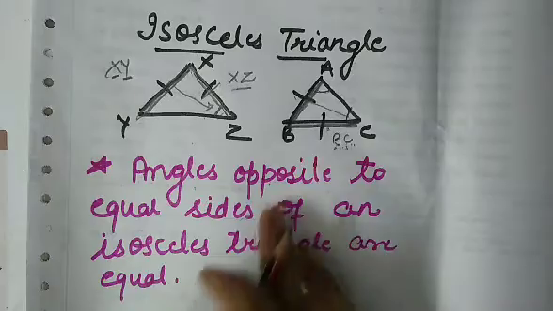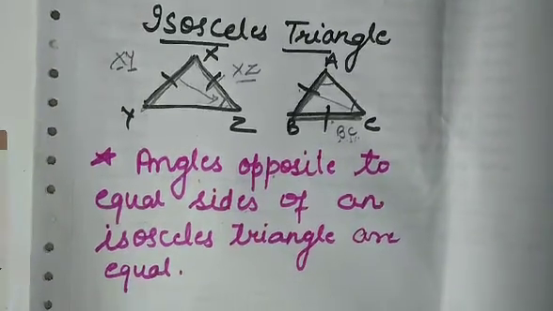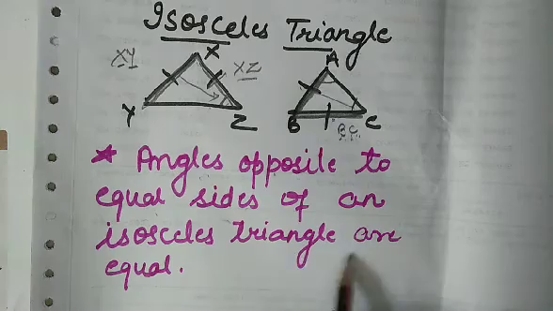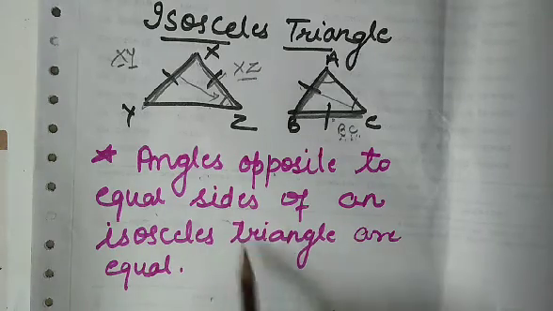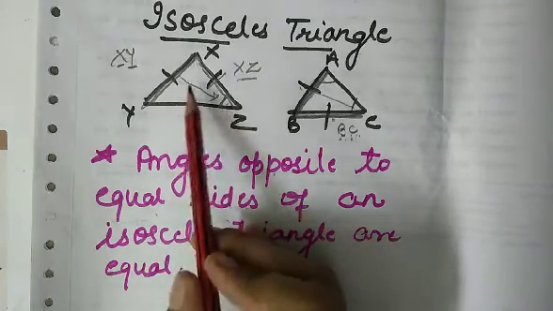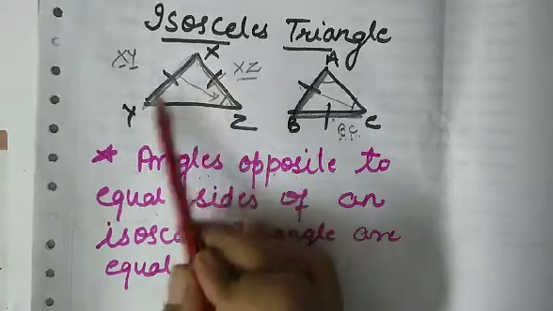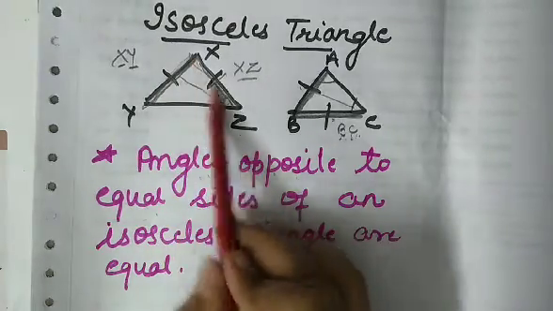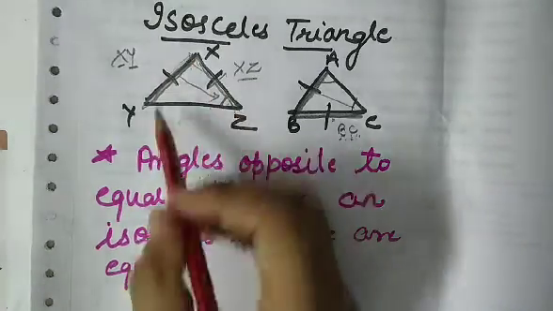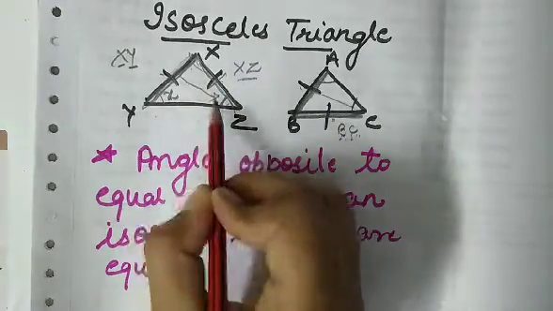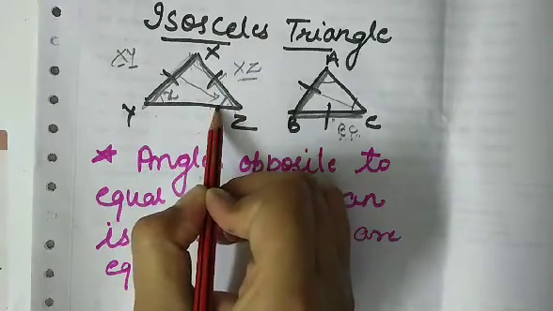Now what this property says is that angles opposite to equal sides of an isosceles triangle are equal. It means if these are the two equal sides, the angle opposite to this side is z and the angle opposite to xz is y. So if these sides are equal, these opposite angles are also equal. This is the property.